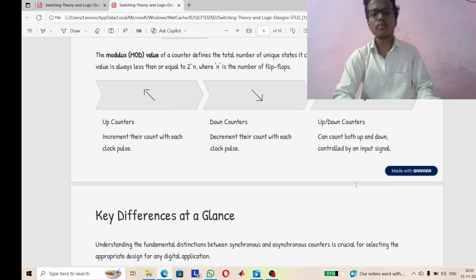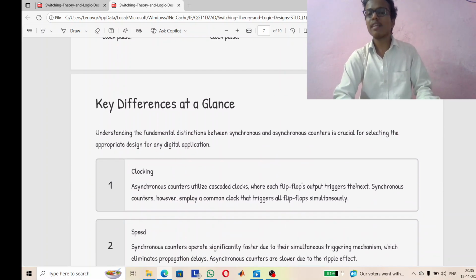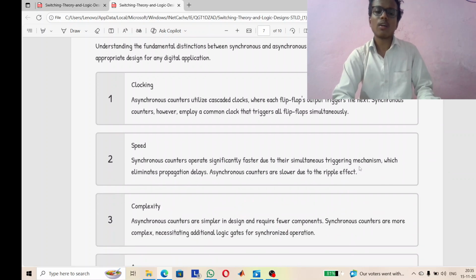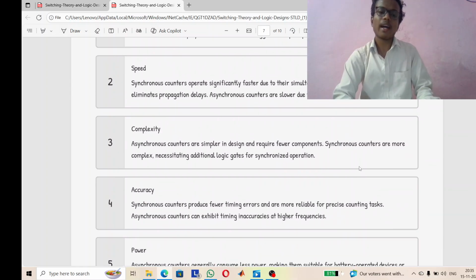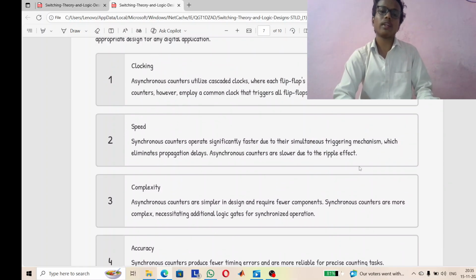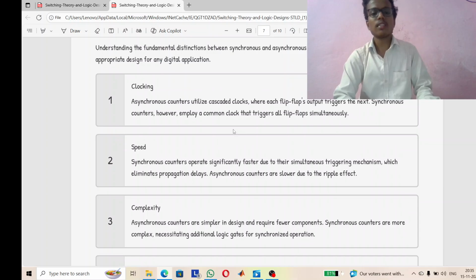Now see the key differences of counters. There are five aspects: power, accuracy, complexity, speed, and clocking. First, clocking. Asynchronous counters utilize cascade clocks where each flip-flop's output triggers the next.